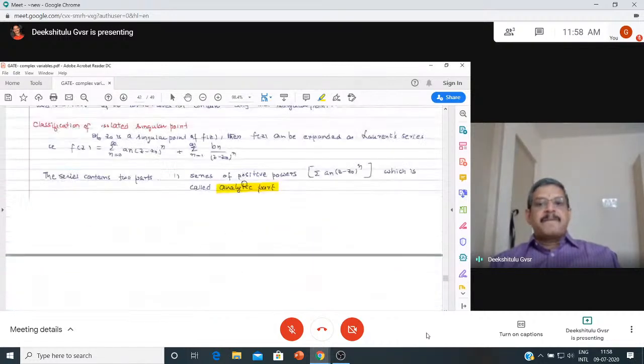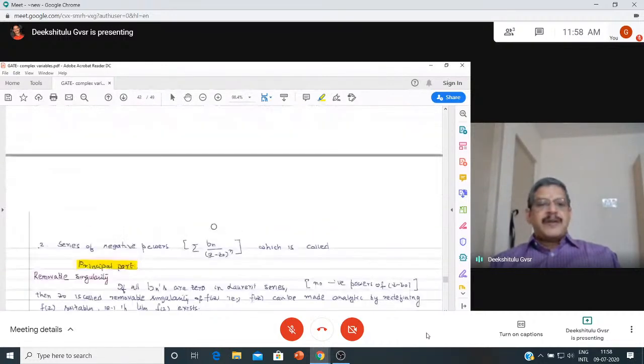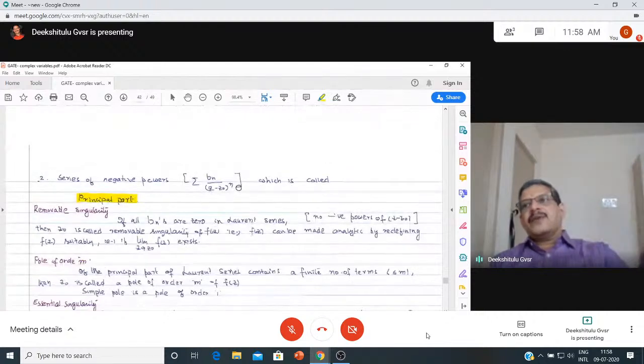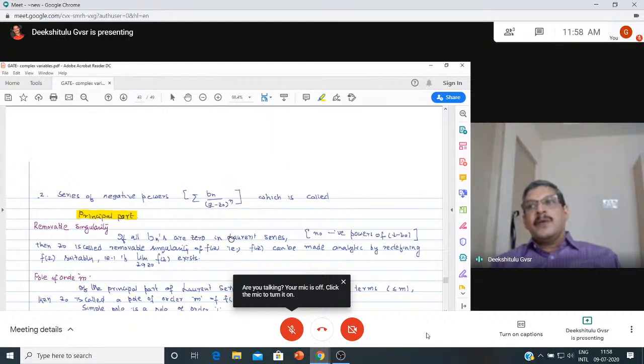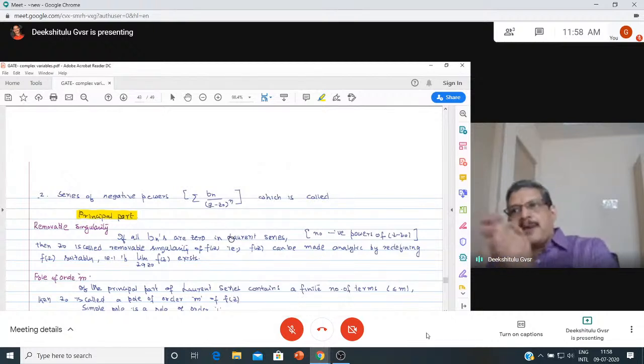So when the Bn's become 0, the function is analytic, so why are we calling it a singular point? You don't observe these Bn's in this series, but by redefining the function suitably, as you will see in an example, you can remove the singularity. It is a singularity, but it can be removed by redefining the function appropriately. That's why it is called a removable singularity.